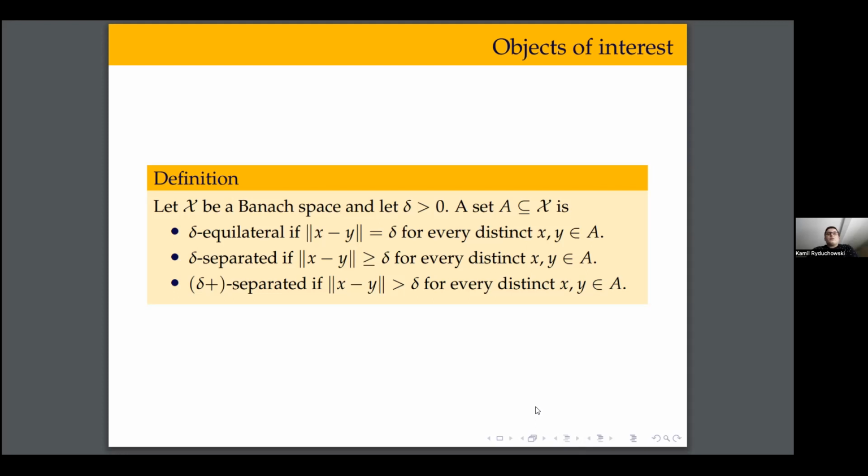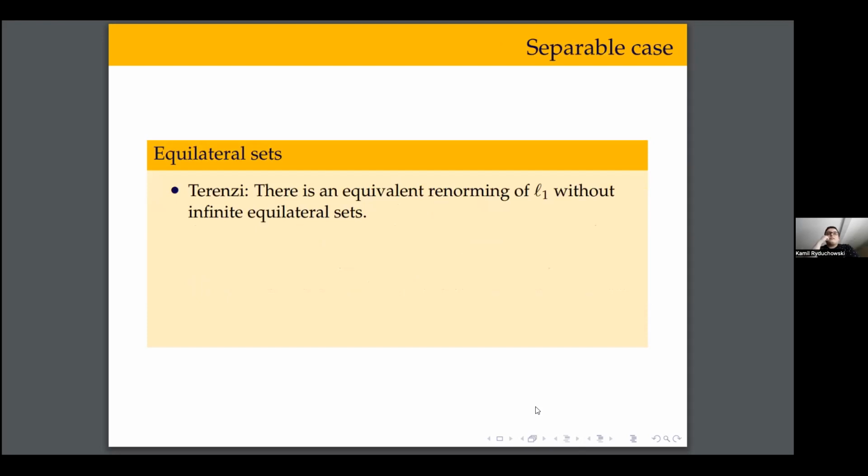So what's known about those kinds of sets? First, let us look at the separable case. Terenzi constructed an equivalent renorming of L1 without infinite equilateral sets. So it's not the case that any infinite dimensional Banach space contains an infinite equilateral set. But there are some positive results.